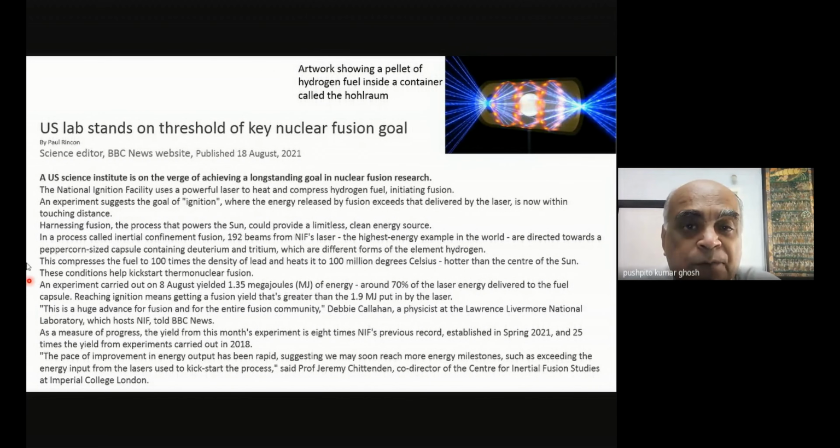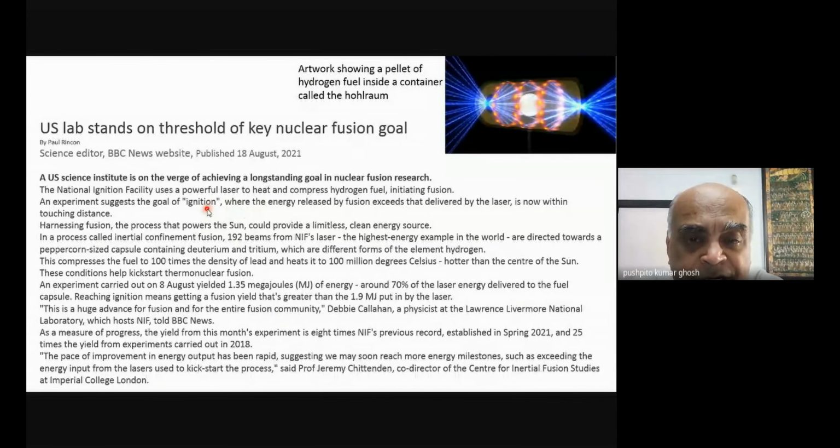Now let me read out to you so that you understand what has happened. A US science institute is on the verge of achieving a long-standing goal in nuclear fusion research. The National Ignition Facility uses a powerful laser to heat and compress hydrogen fuel, initiating fusion. An experiment suggests the goal of ignition is within reach.